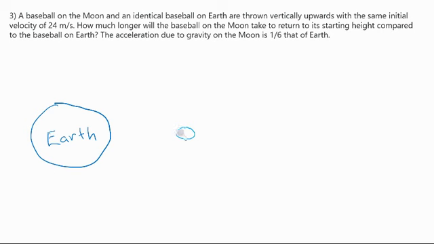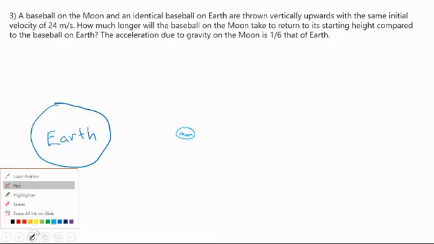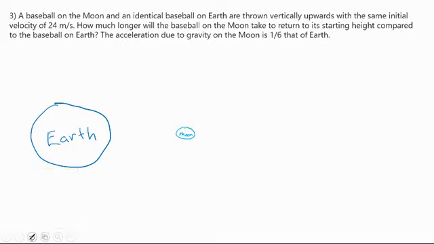Here's the moon. And so we're going to have a ball that goes up in the air. Same ball.